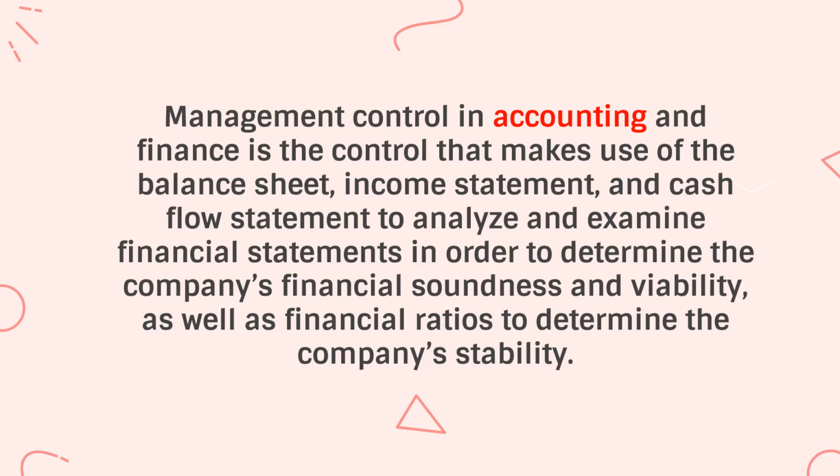So they use these statements to analyze and examine the company's performance or the results of their operation. So through the financial ratios and the amounts or the reports included in those financial statements, madedetermine yung company's stability.